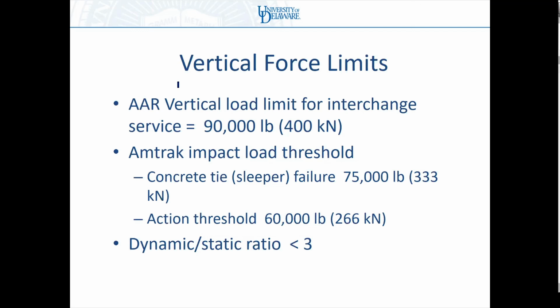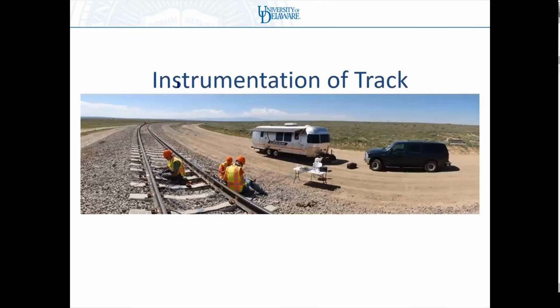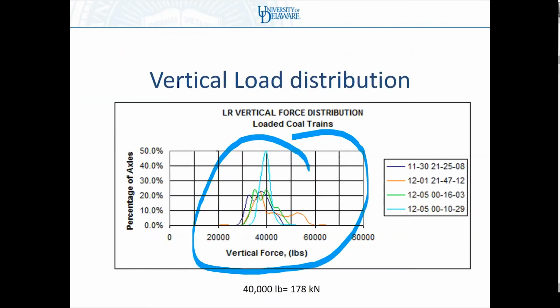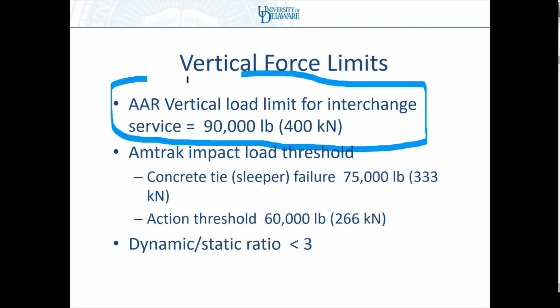What we have also done, now that we have the ability to measure wheel rail forces in the field, and these are commercial systems that are out there, in North America, there is a 400 kilonewton threshold of dynamic forces above which wheels must be replaced.